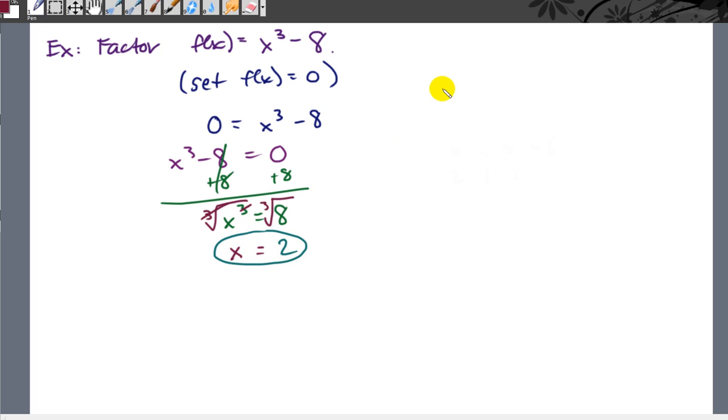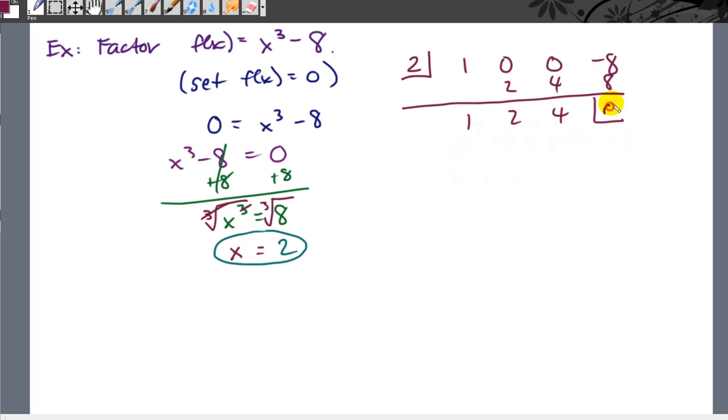So 2 goes in our corner, and we write x cubed, then 0x squared plus 0x, and then a minus 8. So we have 1, 0, 0, and negative 8. 1 drops down, 2 times 1 is 2, 0 plus 2 is 2, 2 times 2 is 4, 0 plus 4 is 4, 2 times 4 is 8, negative 8 plus 8 is going to be 0.